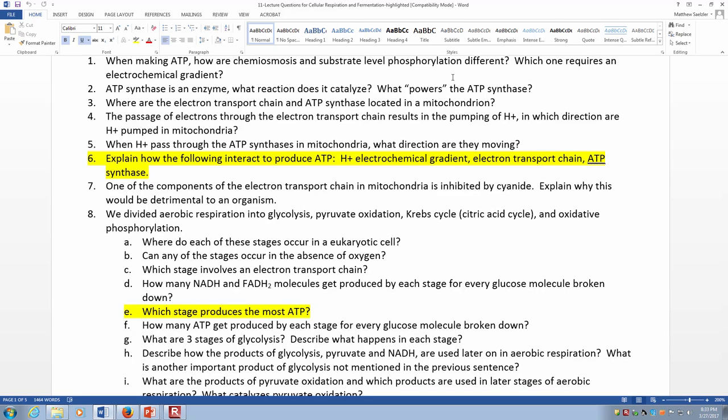Right. So the electron transport chain creates the electrochemical gradient, and the electrochemical gradient is the power source for ATP synthase. You stated it correctly that the hydrogen ions are going to flow through the synthase to power it.